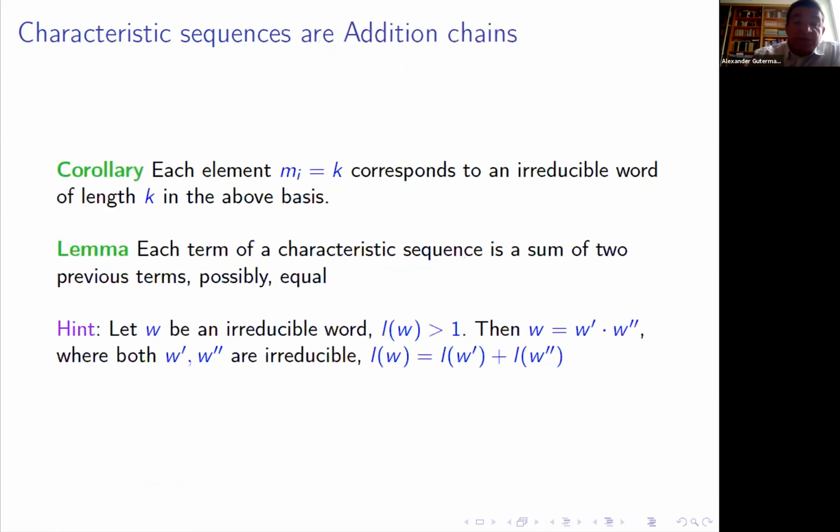And considering and evaluating these irreducible words of a basis, we arrived at the following interesting combinatorial feature of a characteristic sequence. It turns out that any word can be decomposed into the product of two reducible words, and the length is additive.